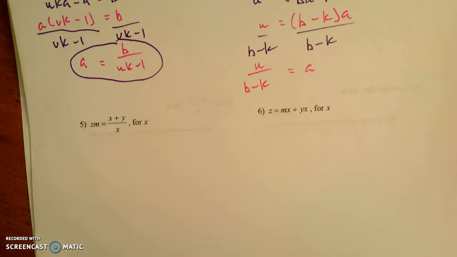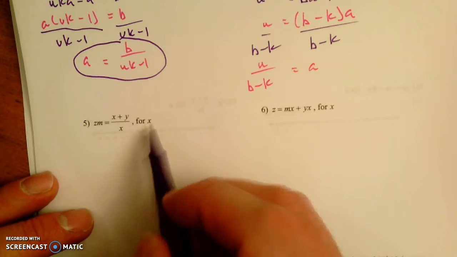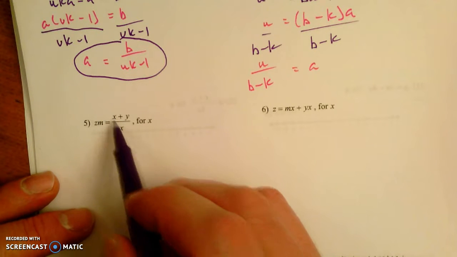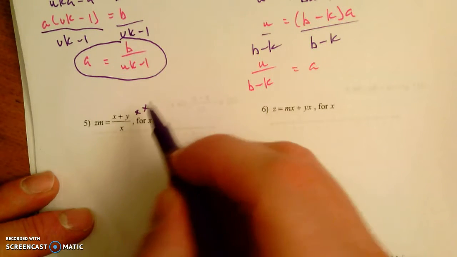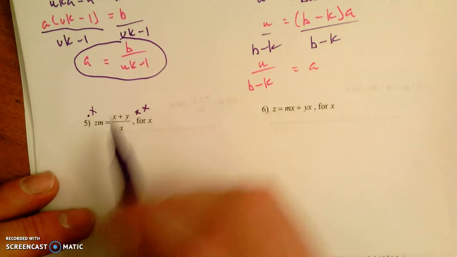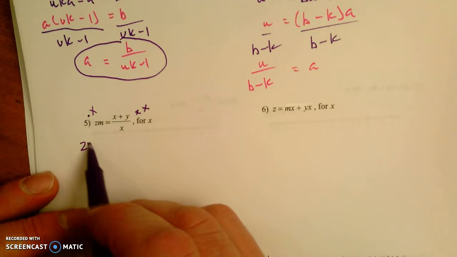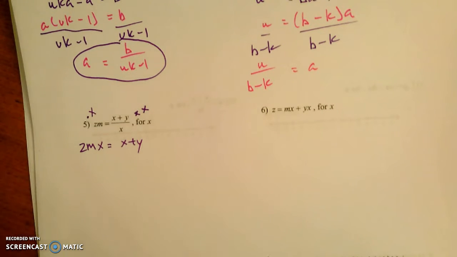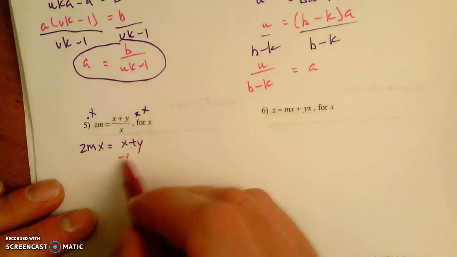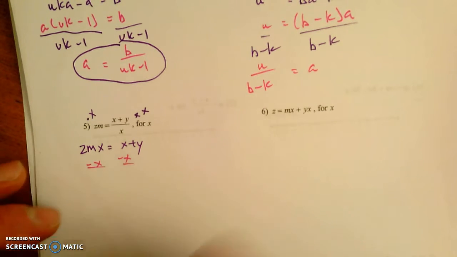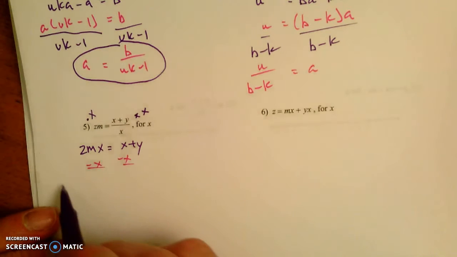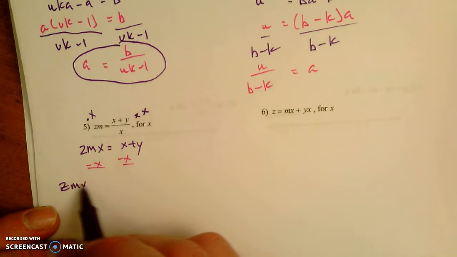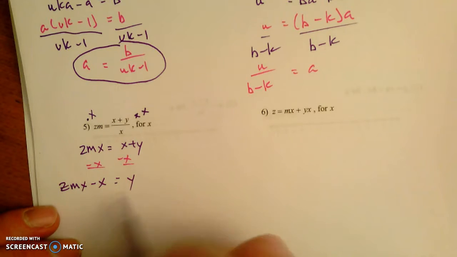Okay. Down here, we want to solve for x. We've got an x here and an x up here. I'm going to start by getting rid of the fraction, multiply by x on both sides. zmx equals x plus y. I'll get all my variables on the same side, so I'm going to subtract x from both sides. That gives me zmx minus x equals y.